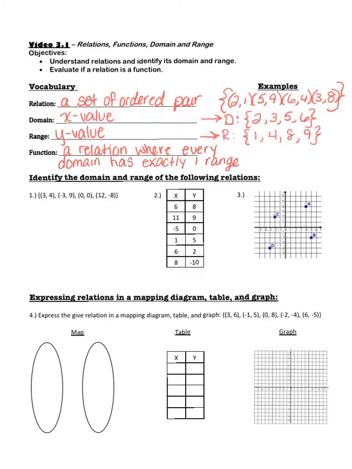Okay, so in this case, my example up here would be a function, because 2 is paired with 1, 3 is paired with just 8, 5 is paired with 9, and 6 is paired with 4. So there is no domain that's paired up with multiple ranges.